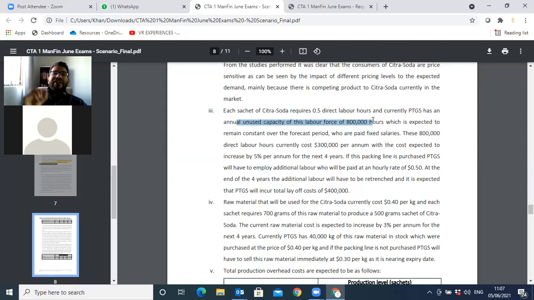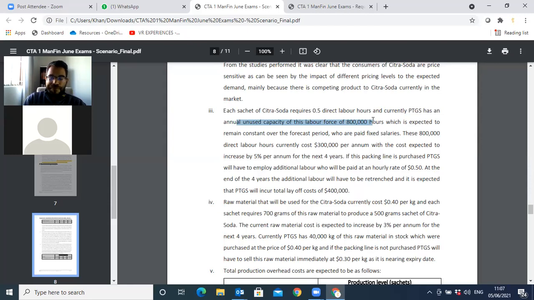It is non-differential. Because remember, one of the principles is future relevant, future differential cash flows. Differential and relevant is the same thing. Something is irrelevant, non-differential, when it will still be there irrespective of the decision.